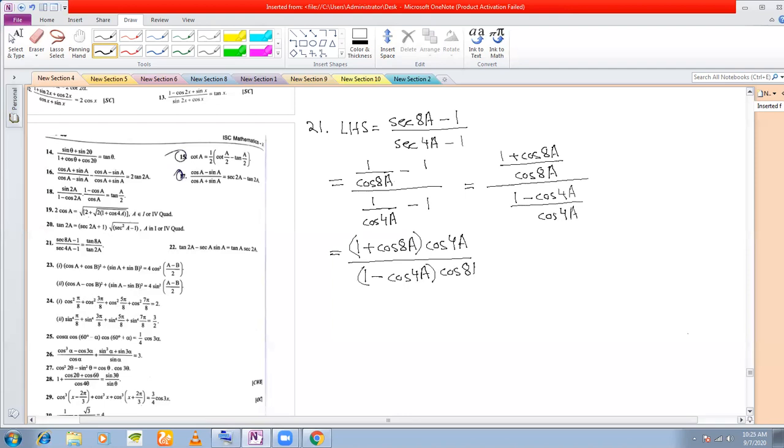Okay, 1 plus cos 8a can be written as, what is 1 plus cos 2 theta? It's 2 cos square theta. So 1 plus cos 8a can be written as 2 cos square 4a, half of 8a, and this cos 4a we write as it is.